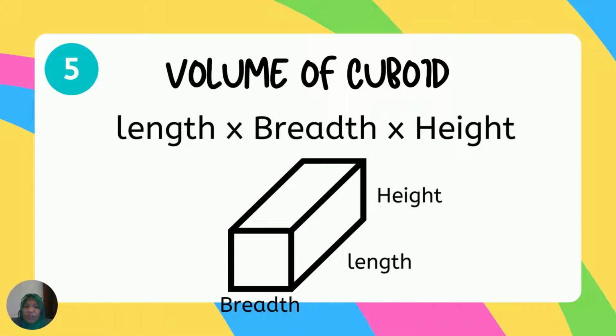The length, the breadth, and the height of a cuboid have different measures, okay? Two of them may have the same measure, but not all three. If all of them have the same length, you call it a cube, not a cuboid, okay?